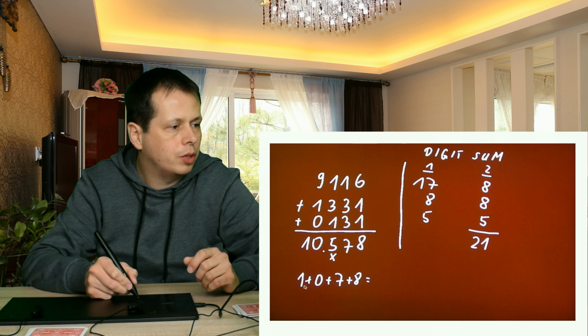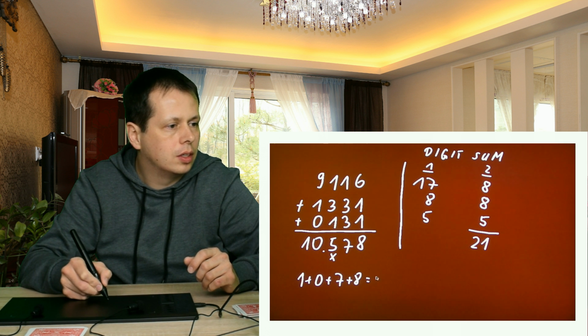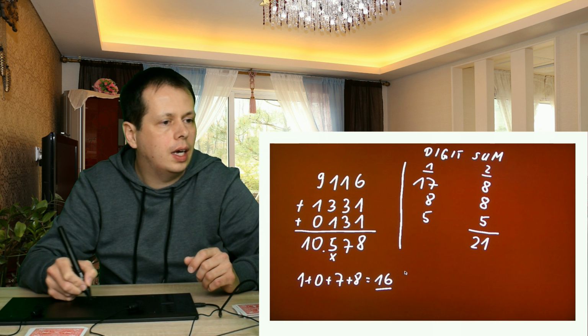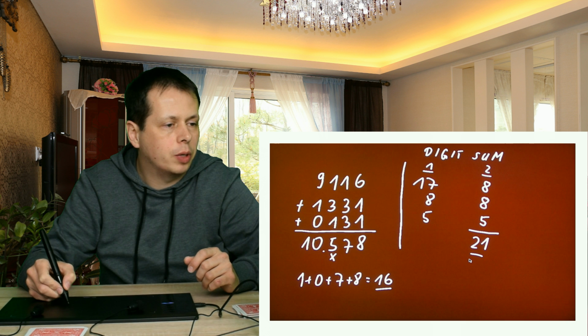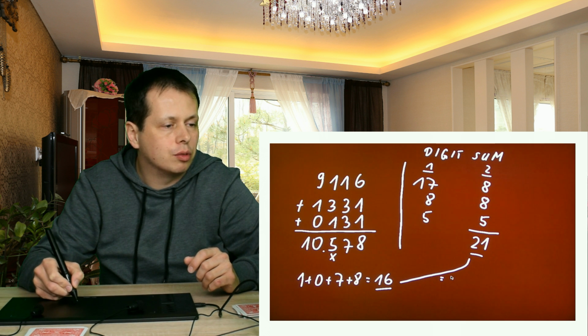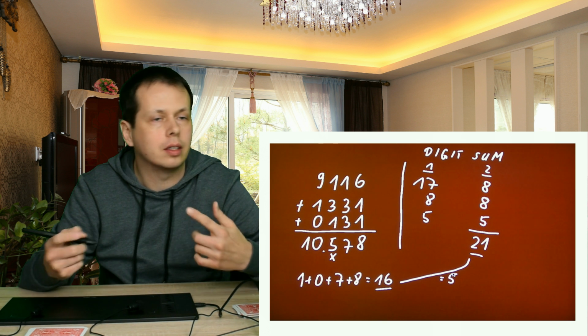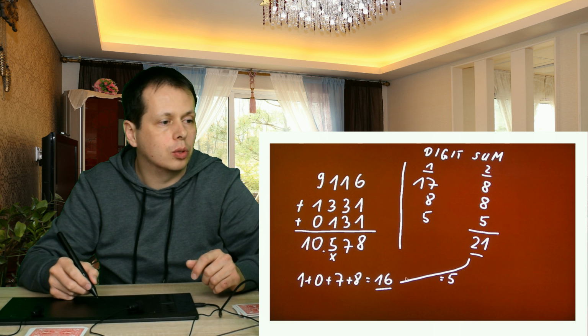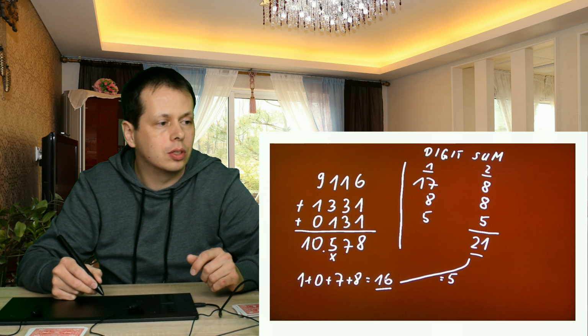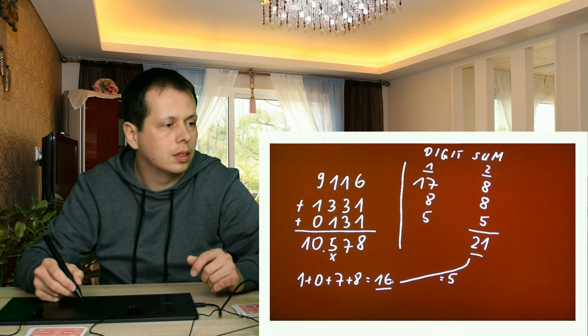So we have a total of 16. And if we now subtract the 16 from the 21, we have directly the 5. So no higher number than 9. So in this case, or in these cases, we don't need to add 9 here to this number.